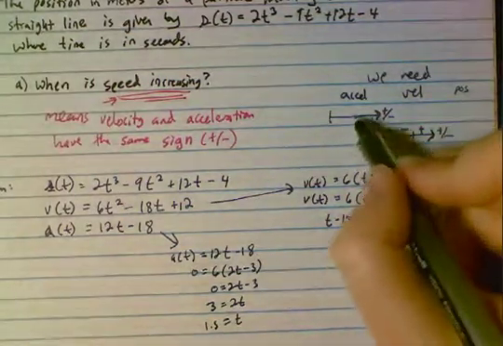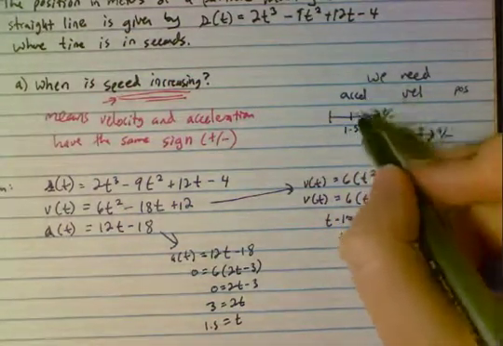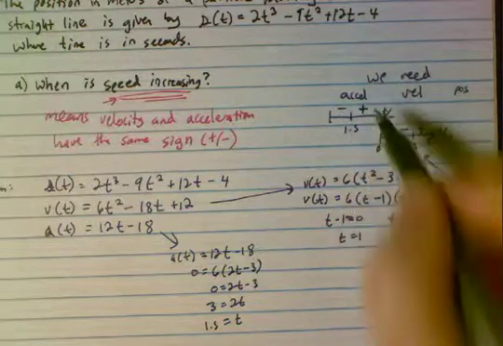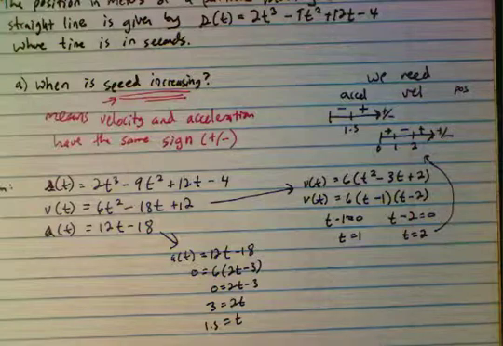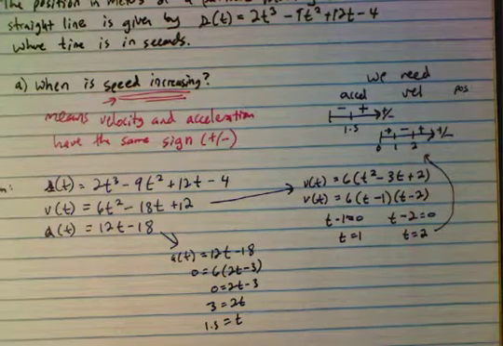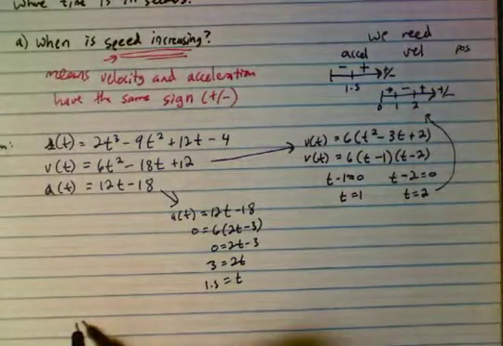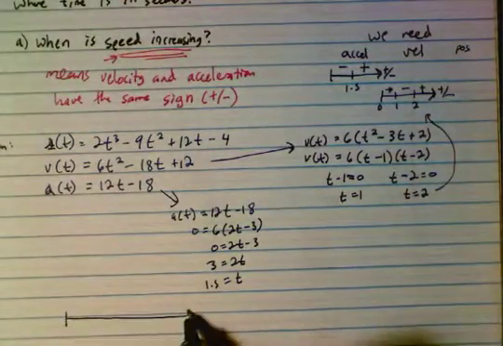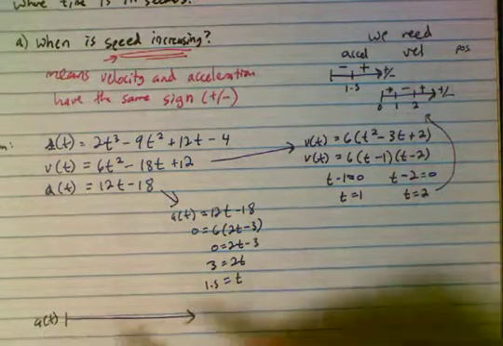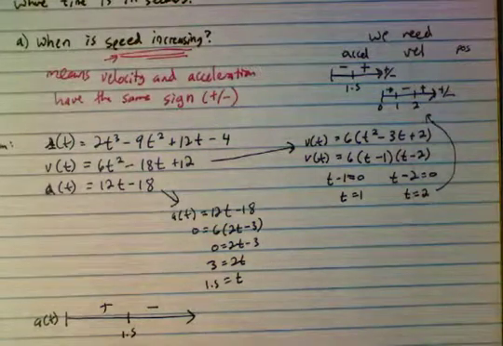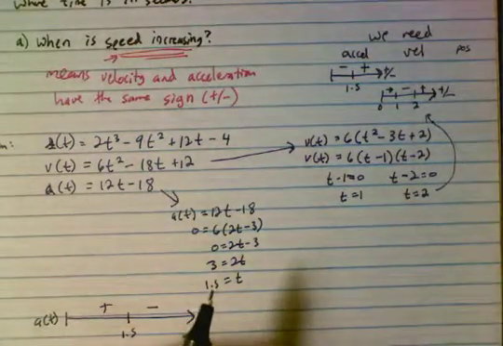Again, this was the same thing that we were doing before. Let's see, it was negative and then positive. Now what we're going to do is we need to compare the two. So let's take acceleration and compare it to velocity.